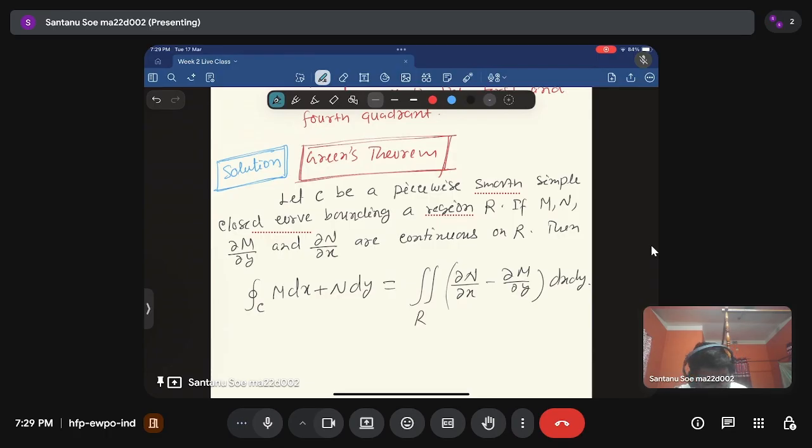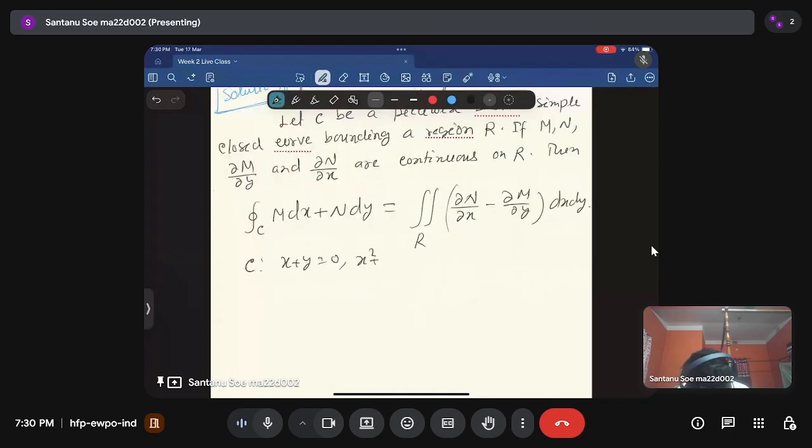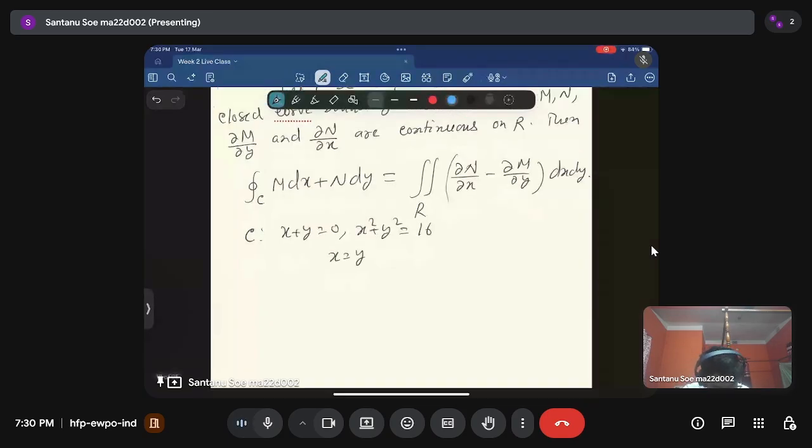Okay. So here C is given by x plus y equals 0, x squared plus y squared equals 16, and x equals y. Now we're going to draw the region first, and then verify both the left hand side and the right hand side of this star.